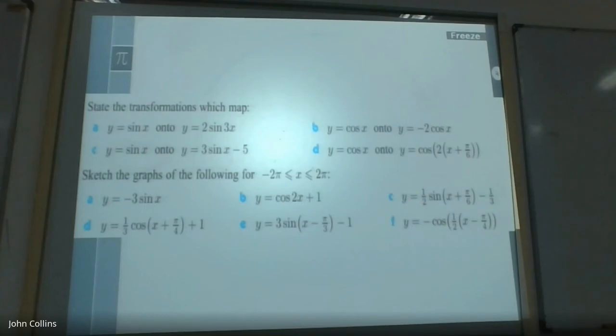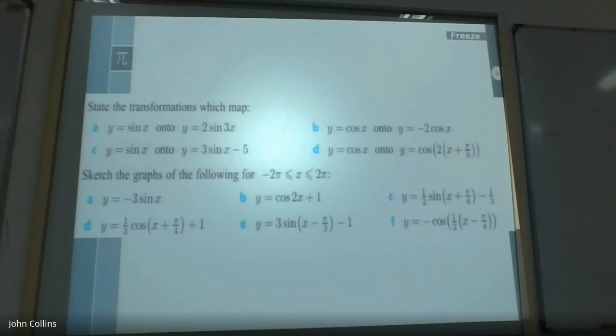And negative, so it's a reflection. All the y values that were, let's say, 2, are now going to be -2. So think about where that's going to sit. Yep. Next one.